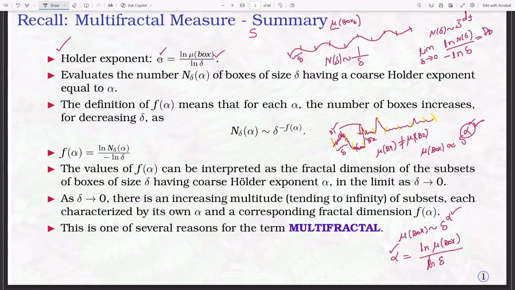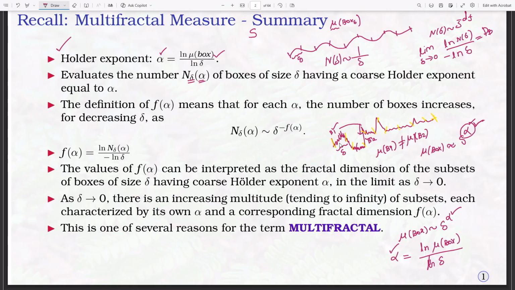Now, after defining the Holder exponent for this object with respect to the delta, one can count the number of boxes of size delta having a Holder exponent alpha. You can see here in this figure, maybe the Holder exponent for all the boxes may be equal because the curve is a smooth curve.